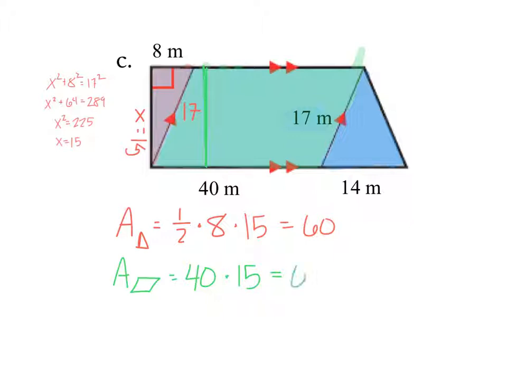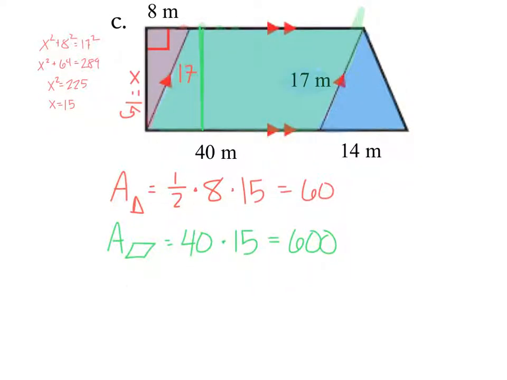So that'd be 600. And then area of the last triangle is 1/2 times base, and then my height is still 15 because this right here is 15. So that would be 105.